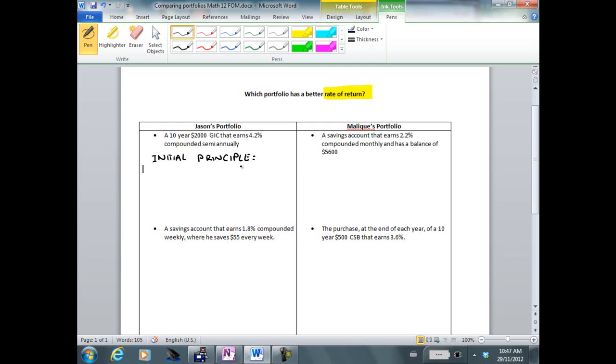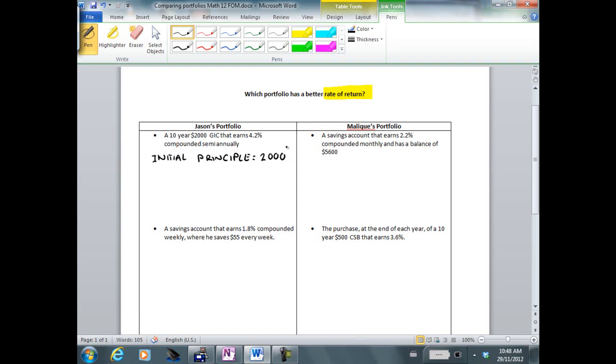Nope, 2,000 times 20 is not correct. It's just 2,000, because he put in $2,000 only, for 10 years. So his initial principal for this one, we're going to write down 2,000. Okay, keep it simple.